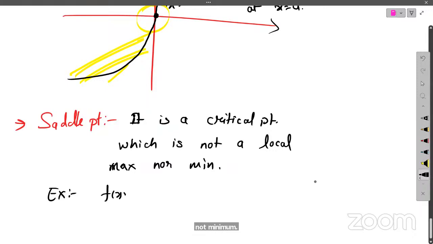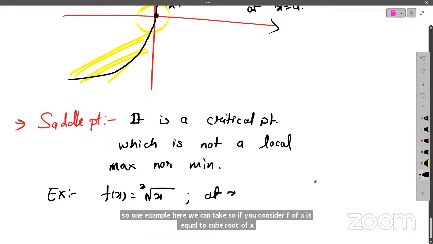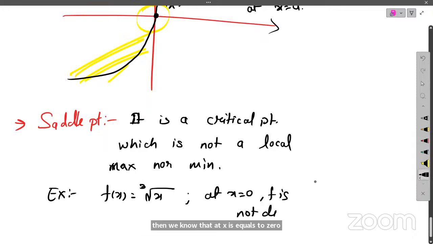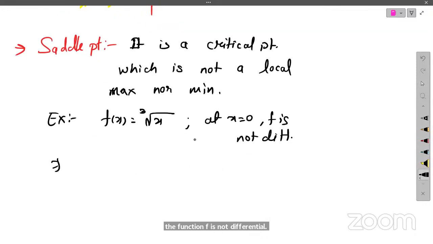Okay, so one example we can take. If you consider f of x equals cube root of x, then we know that at x equals 0 the function f is not differentiable. So since f is not differentiable at that point, we can say that x equals 0 is a critical point.